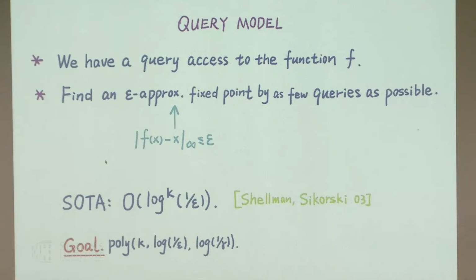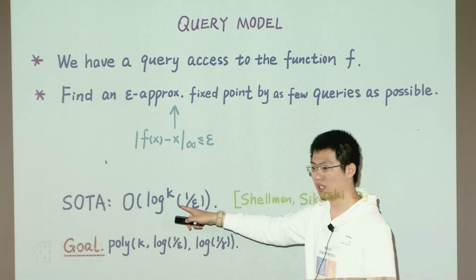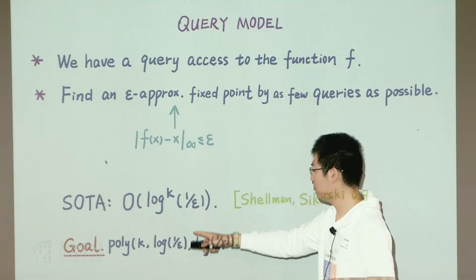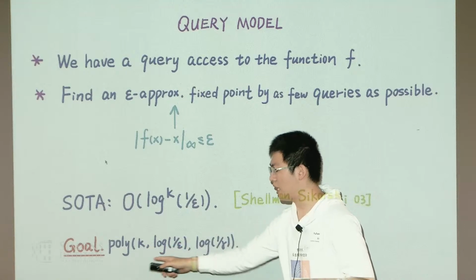So you want to improve from log to the power k to polylog of k? No. Polynomial. This is exponential in k, for example, but it's worse than that. So eventually the goal is to have this complexity.